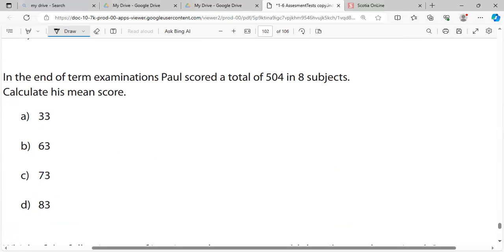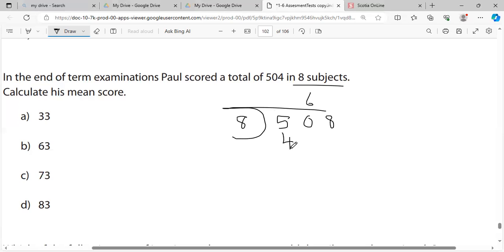At the end of an examination, a pupil scored a total of 504 in 8 subjects. Calculate his mean score. In order to find the mean, it's the total divided by the total number of subjects, which is 8. So 8 into 5, I can't. 8 into 50, 6 times 8 is 48.